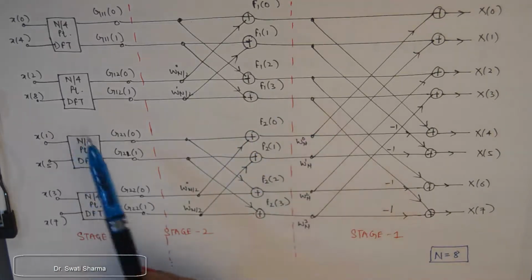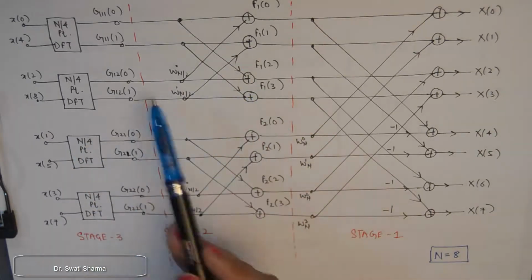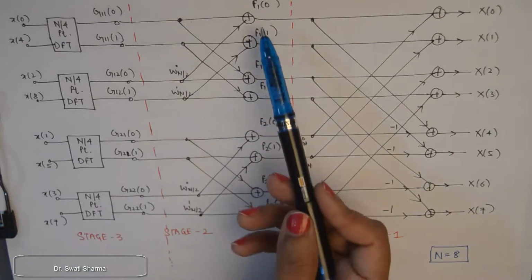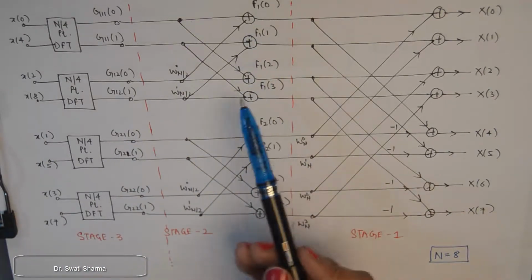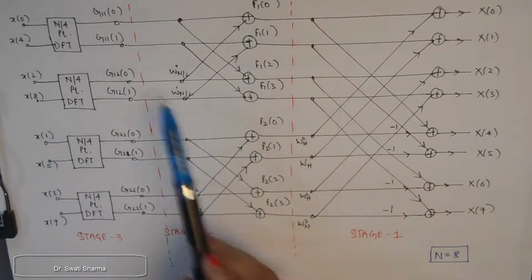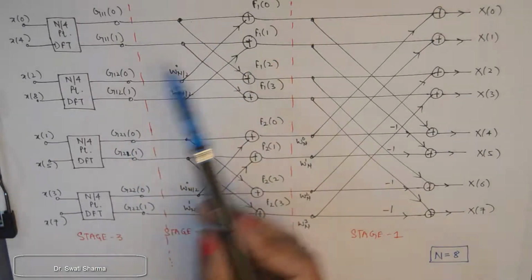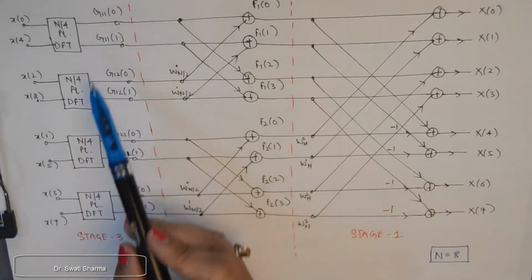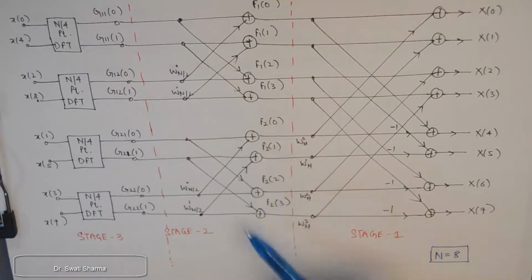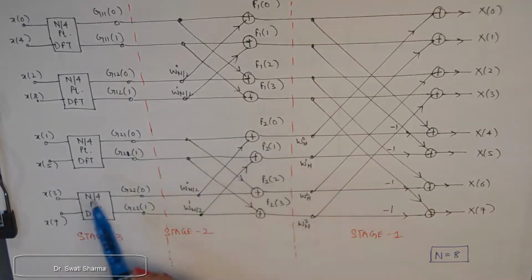Now the next task is to take this to further stage of decimation, where the sequence f1 is again broken down to its even and odd samples, and we name it by g11 and g12, and similarly f2 is further decimated to its even and odd samples, named respectively as g21 and g22.